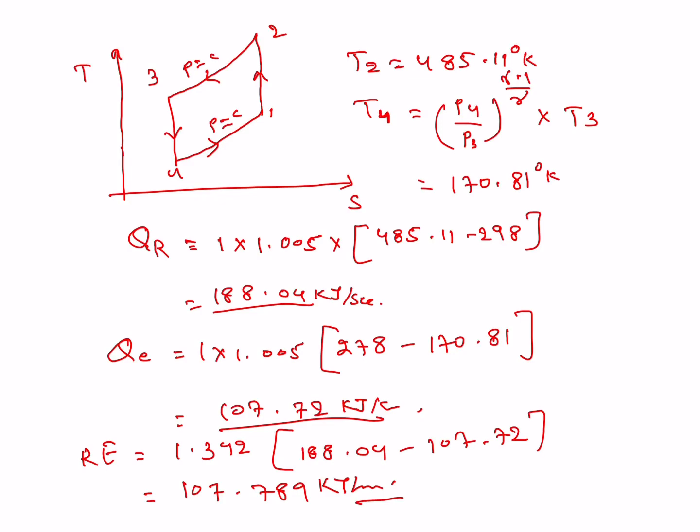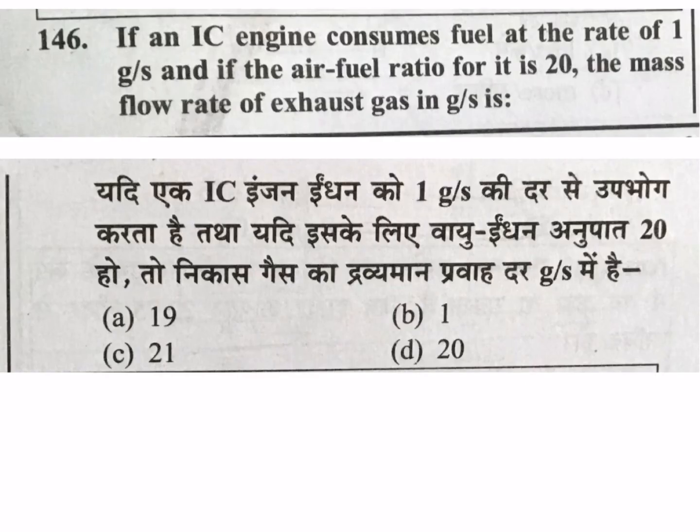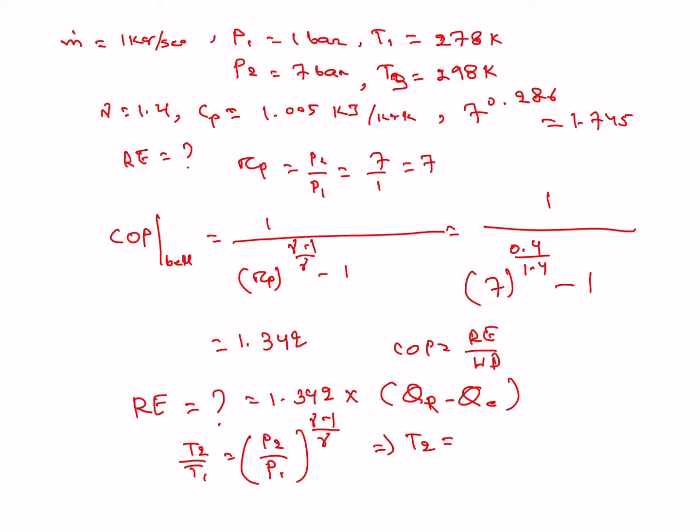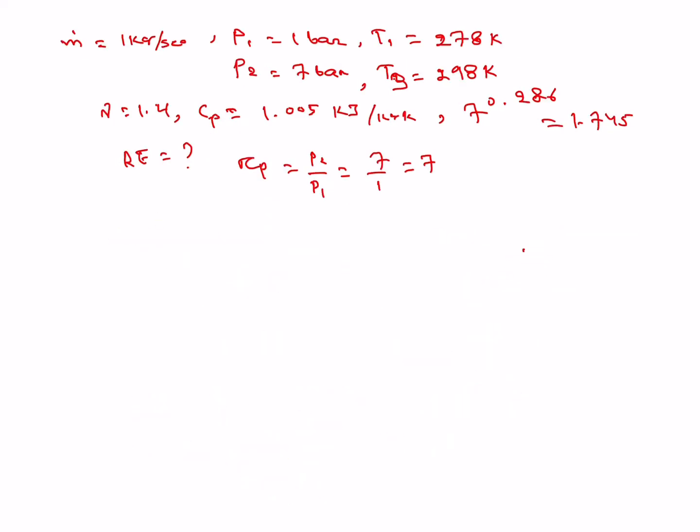Kilojoule per second. Then I will erase this one. 1 TR is 3.5 kilowatt.